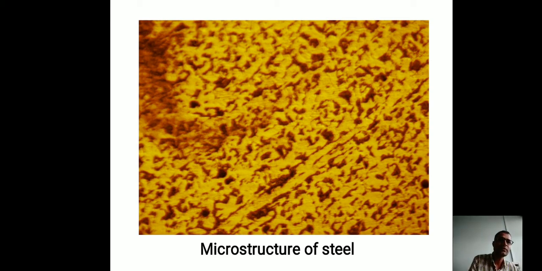So always, students, keep in mind, if we have to check the physical and mechanical properties of a material properly, we have to check the microstructure of the steel.